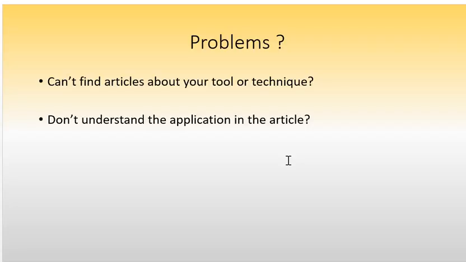It's important that you check the methodology section. When they talk about how they used your particular tool or technique, they may explain why they use this and why they used it instead of a different one. And that's a very important element.